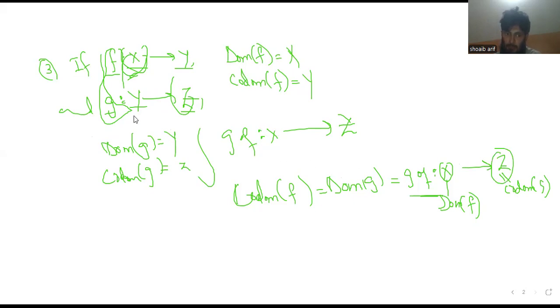The main property is that the domain of g should be equal to the codomain of f. Okay, so this is the data.